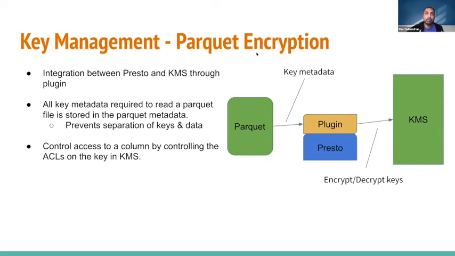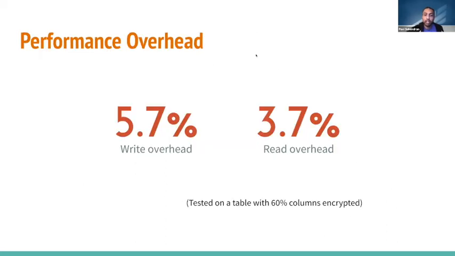access the key. All right, so what kind of performance overhead are we paying in order to get all these benefits of column level access control? Our performance testing indicates roughly a 5.7% write overhead and a 3.7% read overhead for column encryption. If you break this down, it comes down to two parts. One part is the round trip time to retrieve the keys from the KMS. The second part is the actual encrypting and decrypting time.